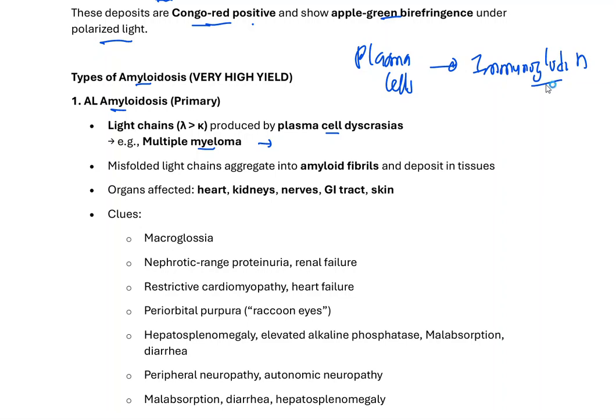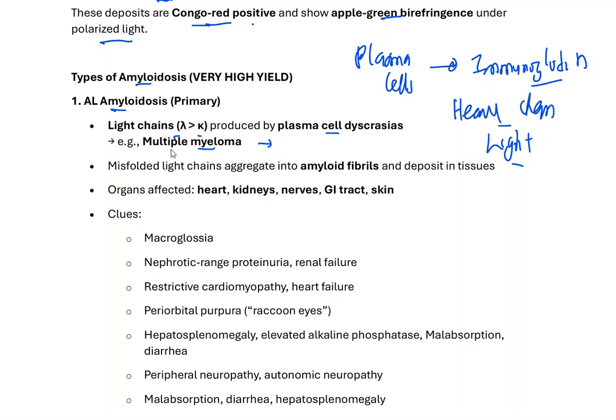When you look at the antibody, maybe in this case IgG, as you know, they are made up of both heavy chain and light chain, right? If it's IgG, the heavy chain could be gamma chain, whereas the light chain could be lambda or kappa.